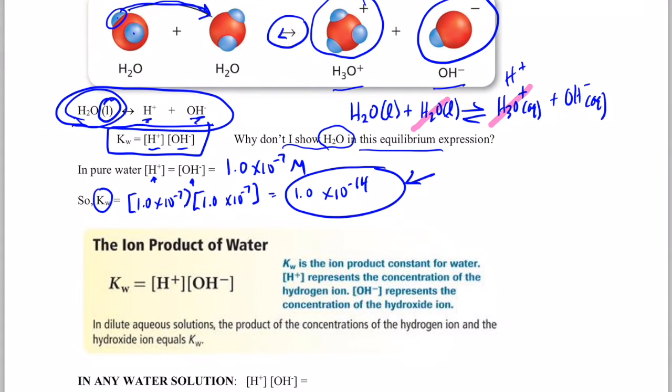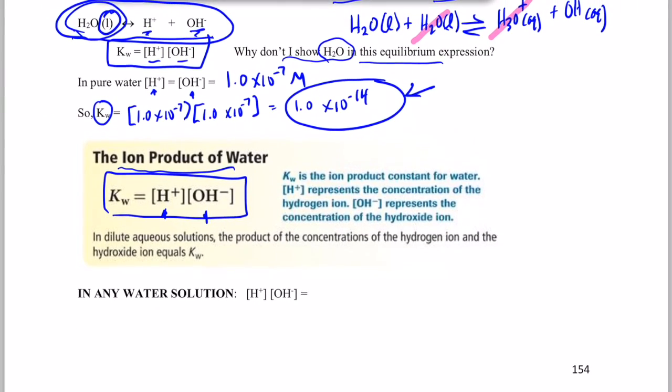So the ion product of water is this expression right here, Kw, which we now know the numerical value for, 1.0 times 10 to the negative 14, is equal to the proton concentration, hydronium ion concentration, times the hydroxide concentration. So in any water solution, this is a profundity here, H plus times OH minus will always equal 1.0 times 10 to the negative 14th.